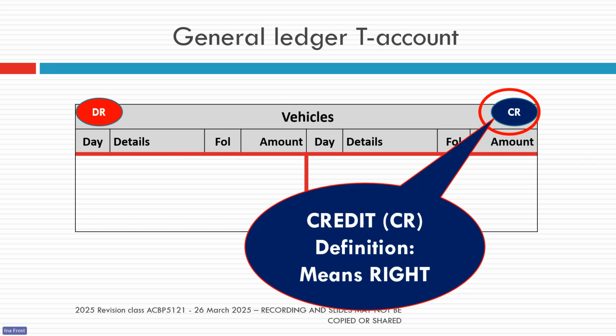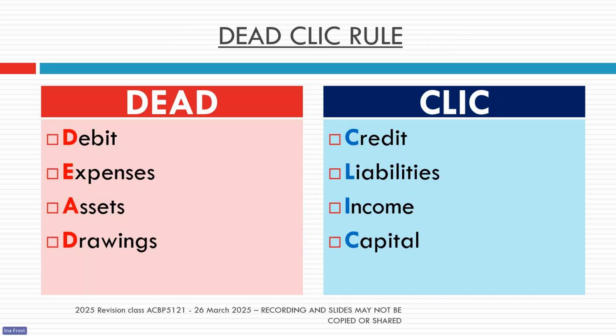And we're going to place our entries on either one of these 2 sides because these debits and credits actually also mean plus and minus. So for an asset, a debit means plus, but for a liability, income and capital, a credit means plus.